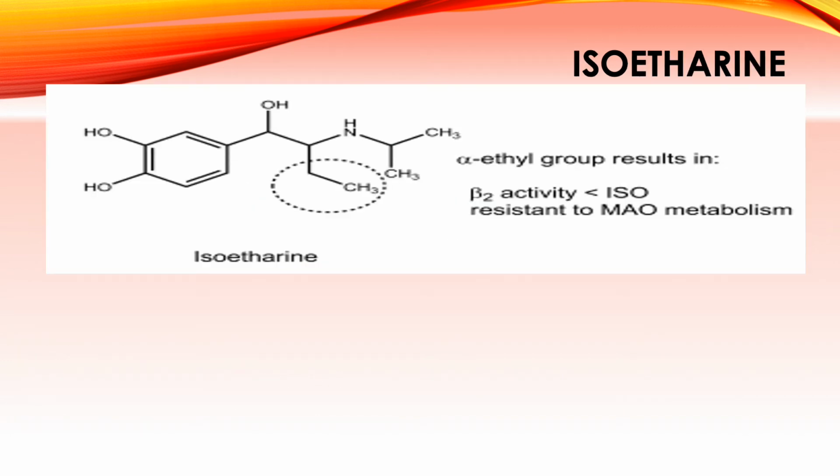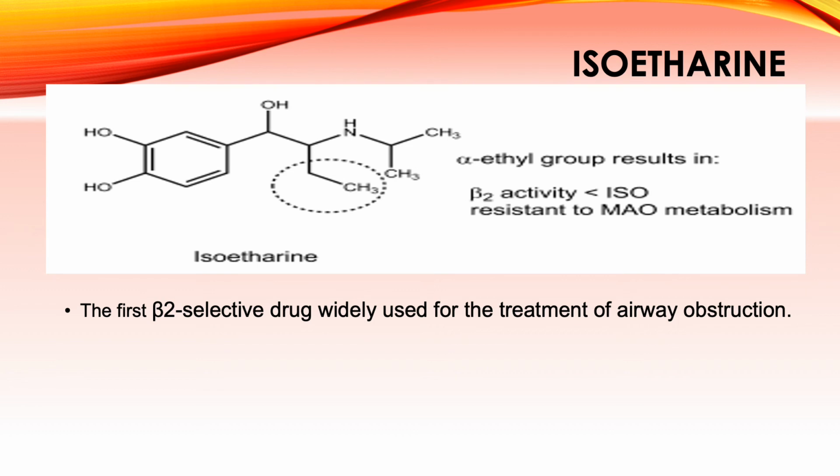The next example is isoetharine. Isoetharine is the first beta-2 selective drug widely used for the treatment of airway obstruction. It also has resistance to monoamine oxidase because of the presence of the alpha ethyl group and the beta directing isopropyl group.